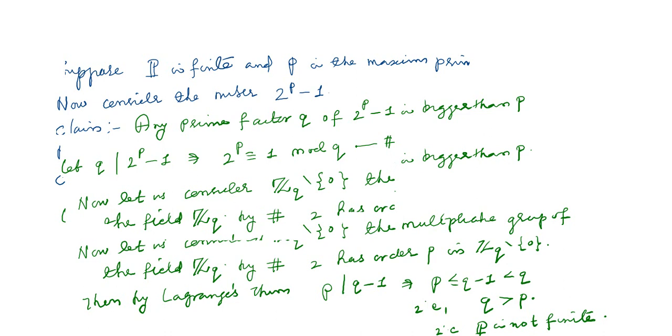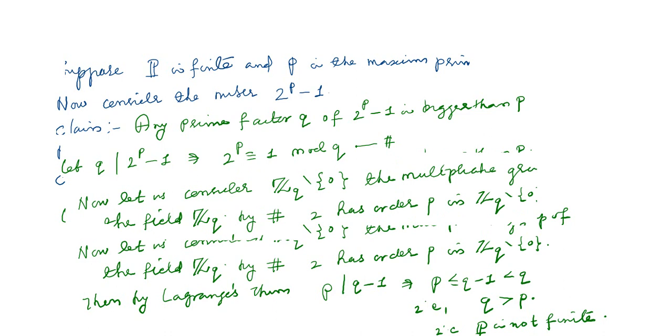That means the element 2 has order p in Z_q without 0. That means p has to divide q - 1.